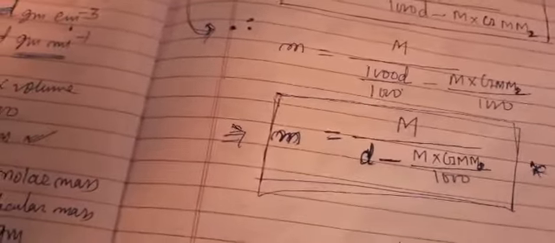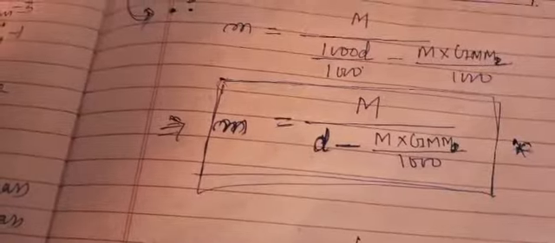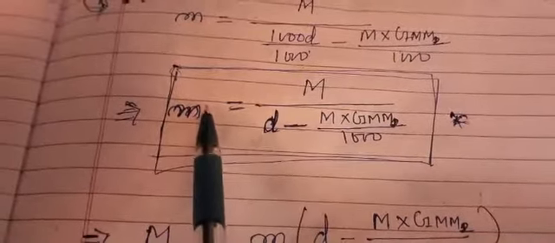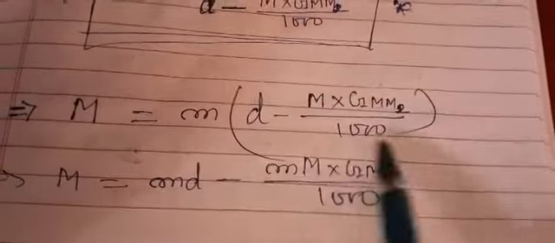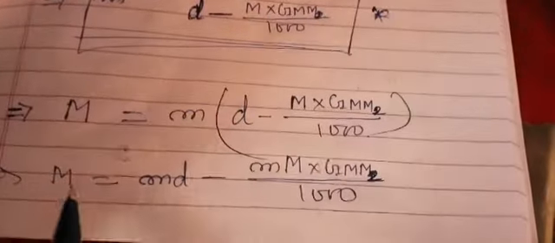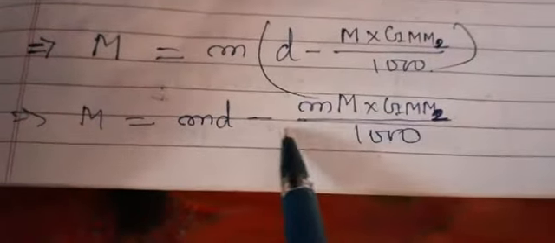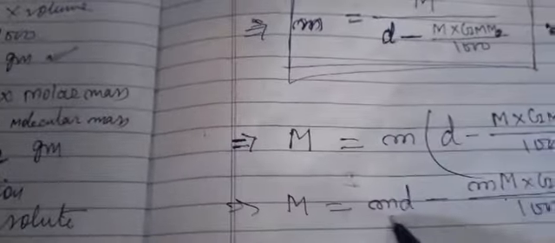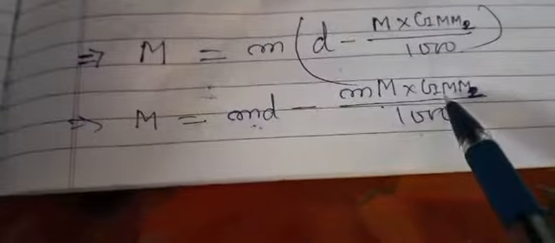Okay. Now again we can rearrange it. It will come this side and get multiplied to this, so the entire thing will get multiplied to this m. So it is arranged like this. Here the m will be remaining. So m will get multiplied to this and this, and we are getting this. We will be rearranging it. So this is md into GMM2 by 1000.